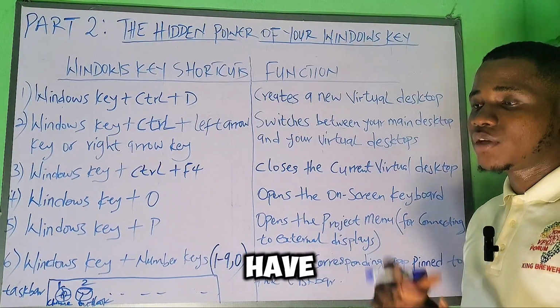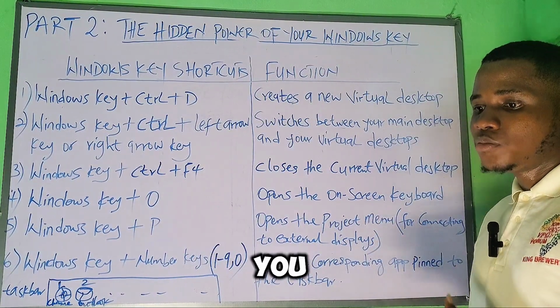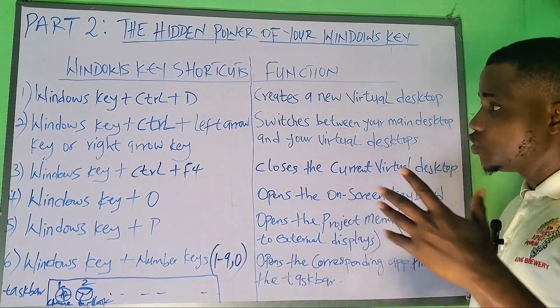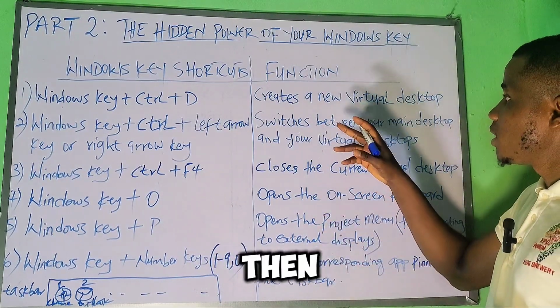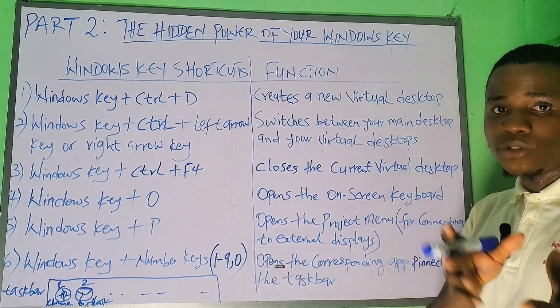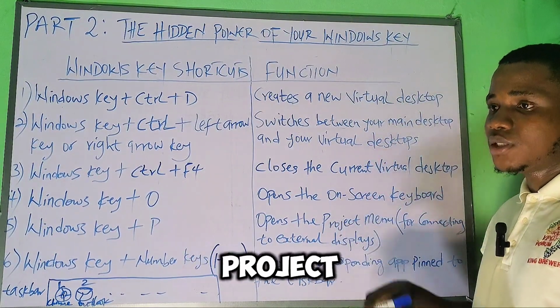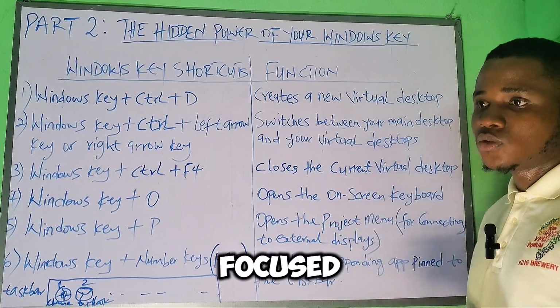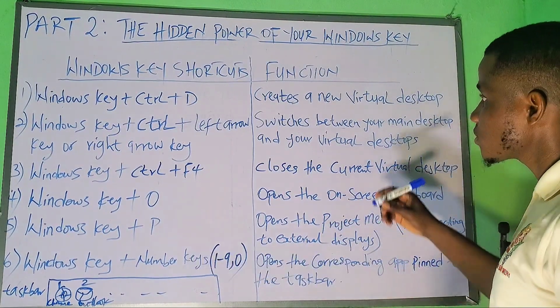For instance, if you have 3 projects at hand, you may dedicate each desktop to a project. Your main desktop is there, then you create 2 more virtual desktops, one maybe for one project, the other one for another project. It helps you remain focused without any distraction.